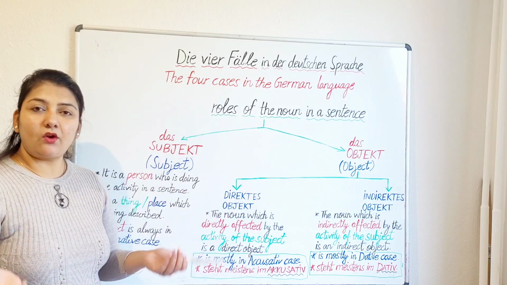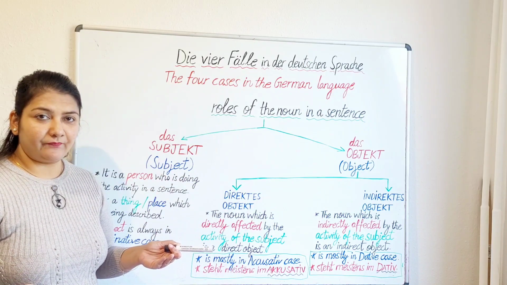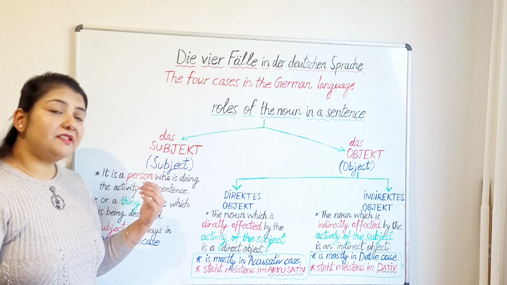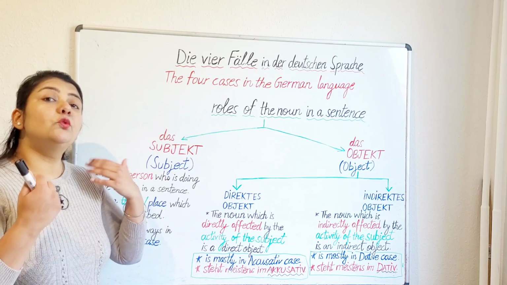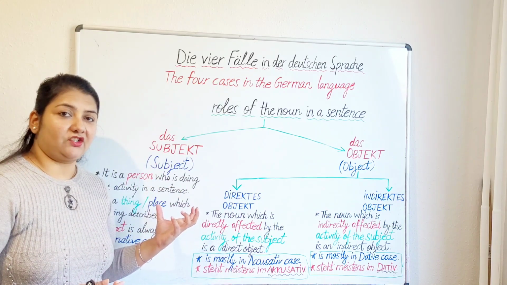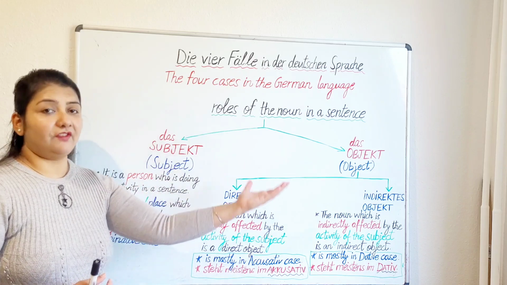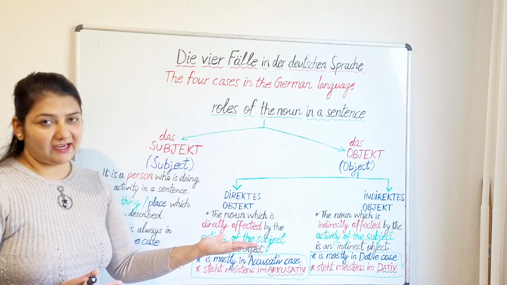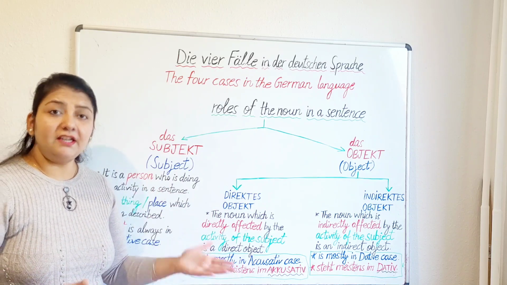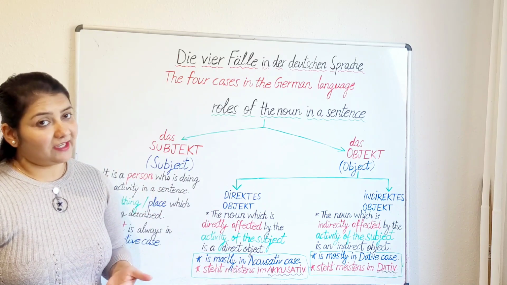So, what is an object in a sentence? Now, we have already understood the subject is the person or the thing which is doing the activity. So, whenever someone is carrying out an action, there's always someone who is receiving that action, right? Either it can be a person or it can be a thing.